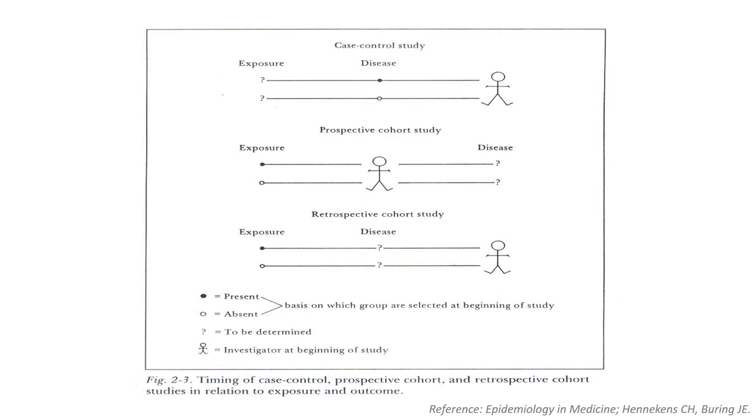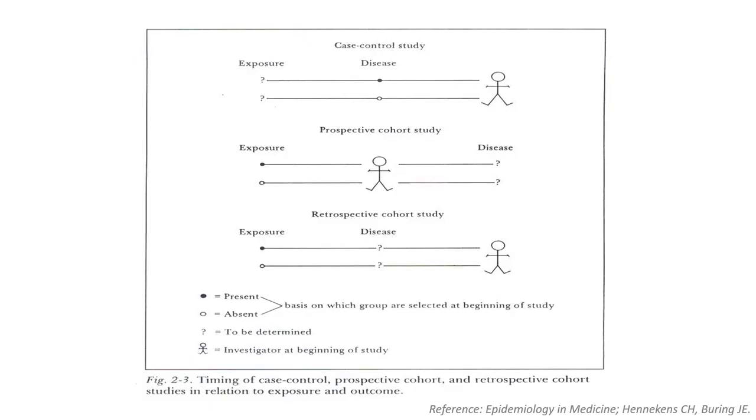This is a very nice graphical presentation of case control study and prospective and retrospective cohort study designs. This is taken from the famous Epidemiology in Medicine book written by Charles Hennekens and Julie Buring. Julie was actually our teacher when I was doing my master's at Harvard many years ago.